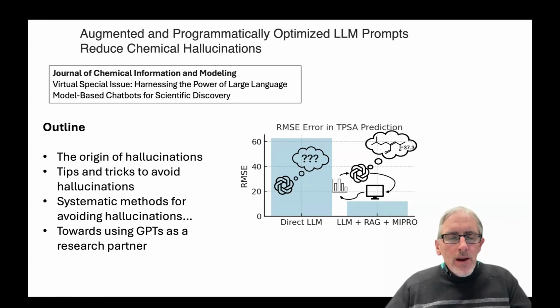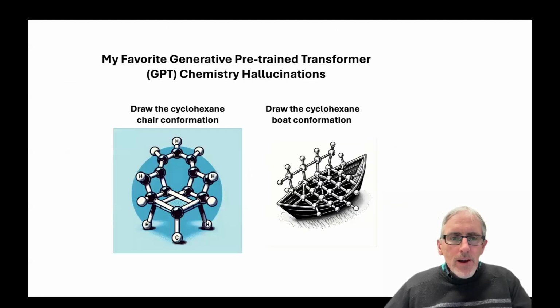So I want to talk about the origin of these hallucinations, provide some tricks in how to avoid them, but then also dig into a very specific method that we recently published in the Journal of Chemical Information and Modeling that I think points the way towards a systematic method to reduce hallucinations for a lot of different applications. And so we'll get to that after some background.